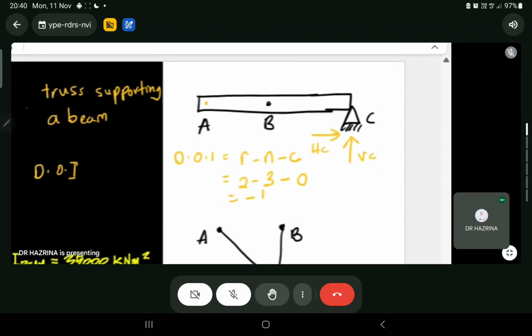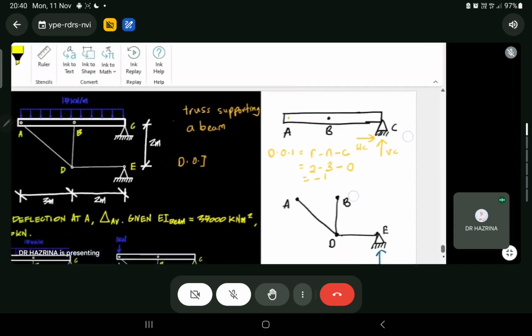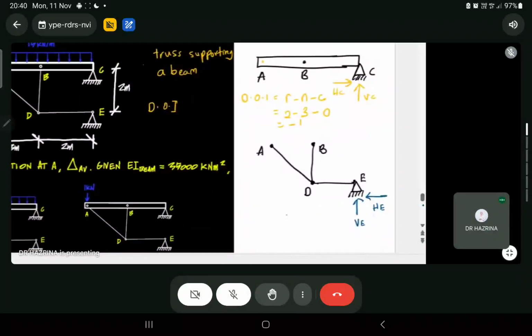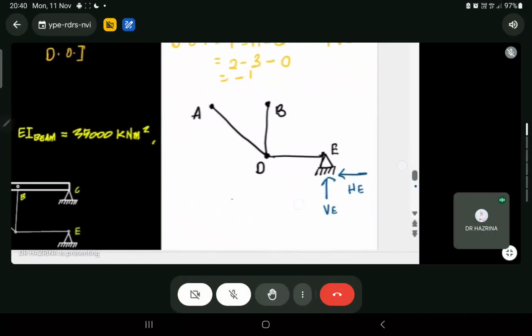So now let's look into truss system pula. So kalau dalam truss structure, you ada satu kat sini, you ada VE, and then you ada another one, you ada HE. And untuk pin supported dekat beam, okay, because your B is supported dekat beam, so here you akan ada dua reaction forces. Okay, you akan ada satu, and then you akan ada dua. And then sini pun sama, you akan ada satu, you akan ada dua.